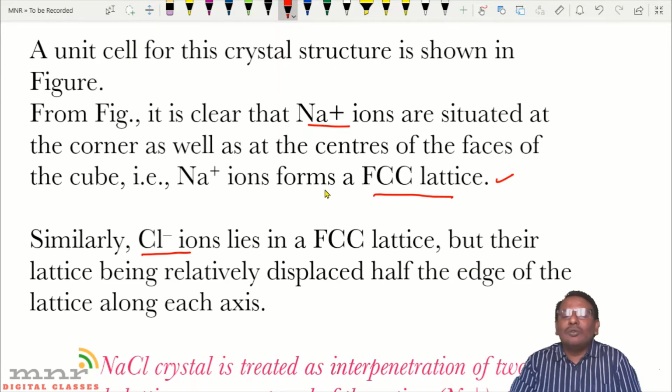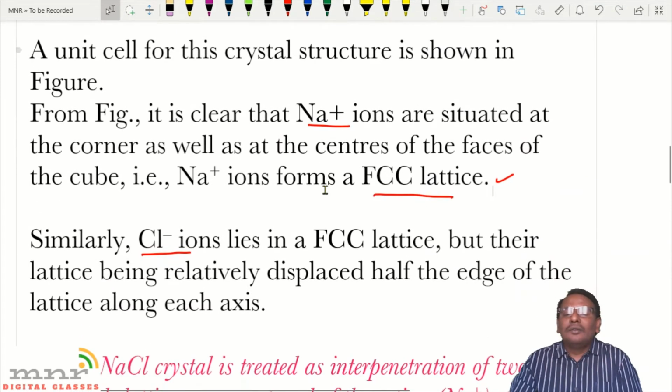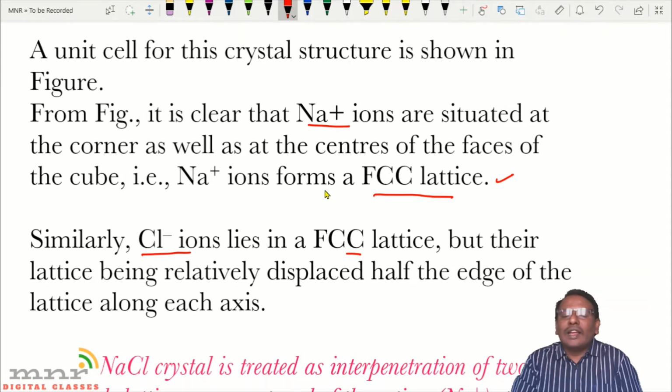Similarly, if we consider only the chlorine ions, again it resembles an FCC lattice, because 8 chlorine ions at the 8 corners and 6 chlorine ions at the centers of 6 faces will be occupied. But this chlorine FCC lattice is relatively displaced along each axis.